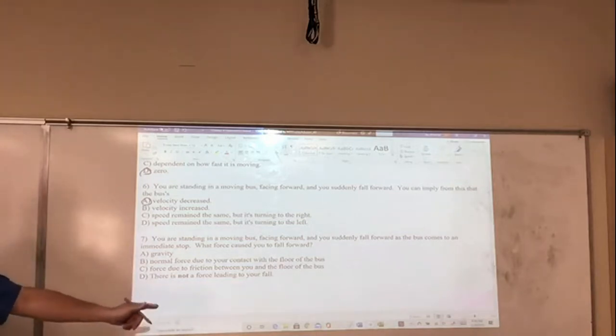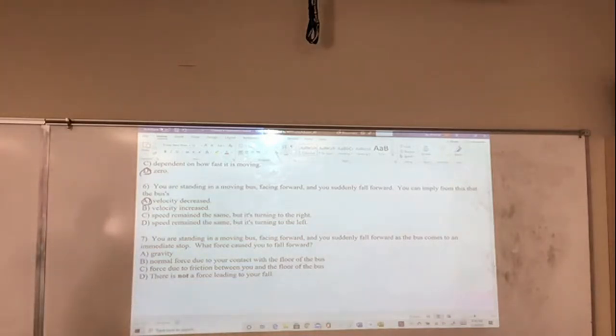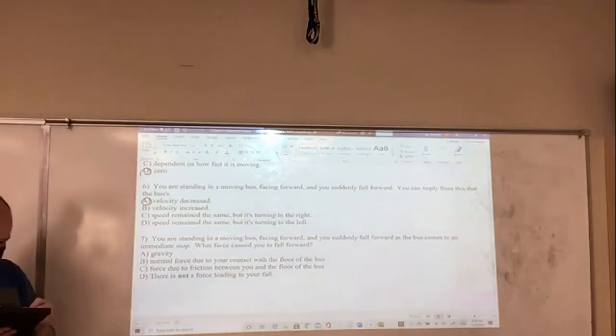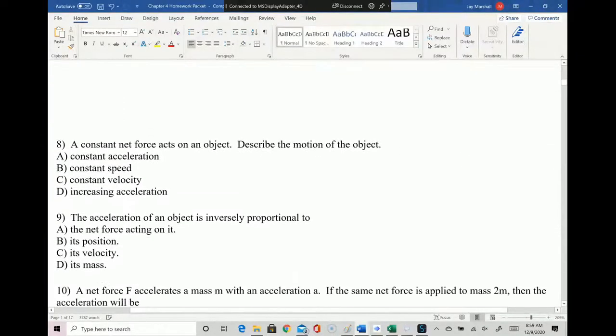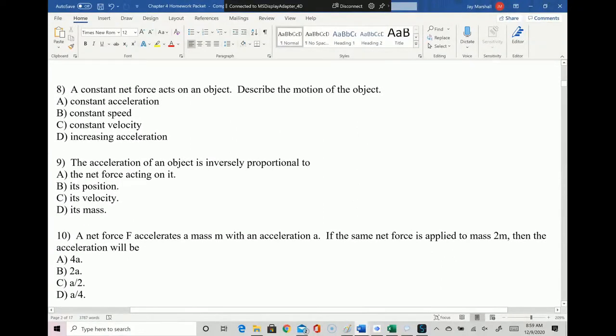There's not a force, right? You just kept going in your constant motion. Okay, that one was a little trickier, wasn't it? But it still makes sense, right? Right, Beckham? Okay, there wasn't a force.